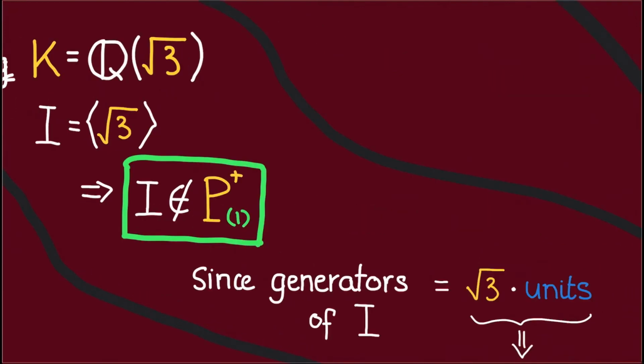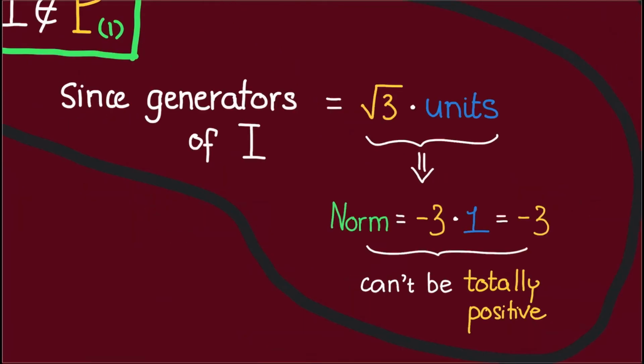Now observe that any generator of I must be of the form square root of 3 multiplied with some unit in the ring of integers of K. If we take the norm of such an element, we see that the norm of square root of 3 is going to be minus 3, whereas the norm of a unit in the ring of integers of Q adjoin square root of 3 is going to be equal to 1. So the norm of this generator here is going to be negative.